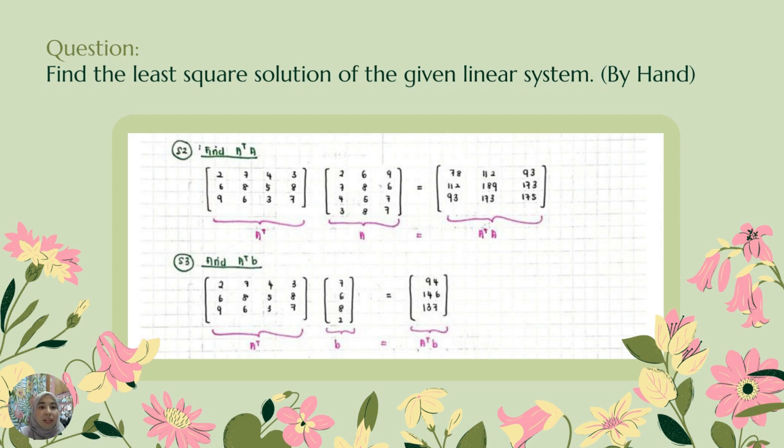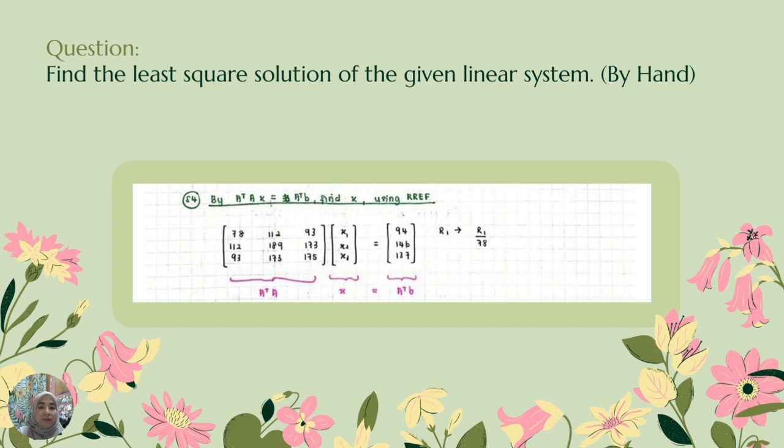Meanwhile, our A transpose times B is equal to 94, 146, and the last one, 137. Next, we have step 4.